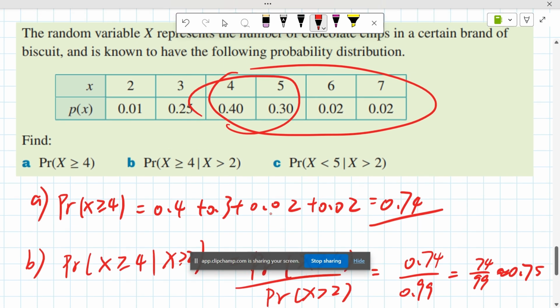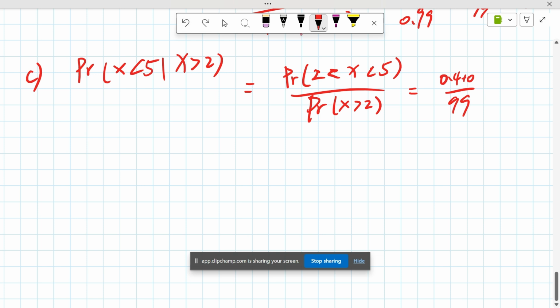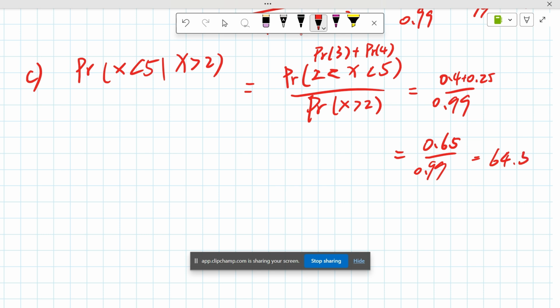Actually, sorry, it's not these two, it's 0.25. It's because probability of 3 plus probability of 4. So that equal to 0.65. 0.65 over 0.99. So that equal to 64.5%, I think. 0.645, if I still remember.